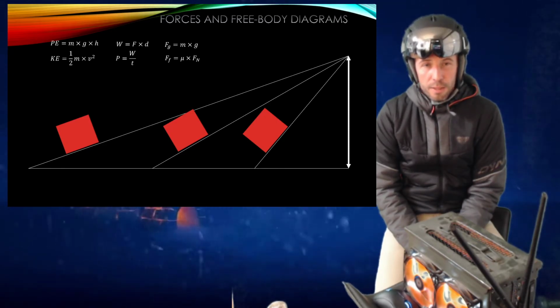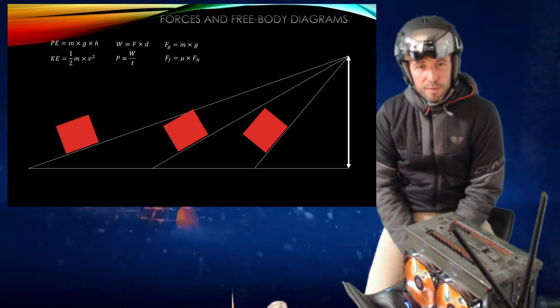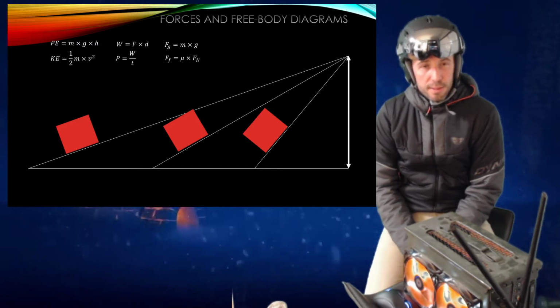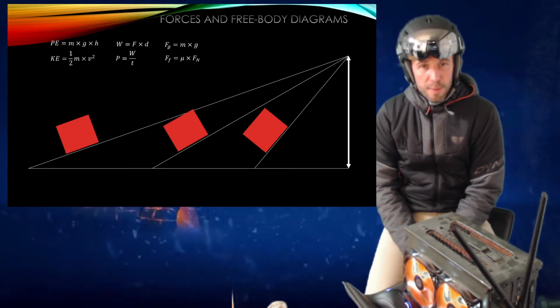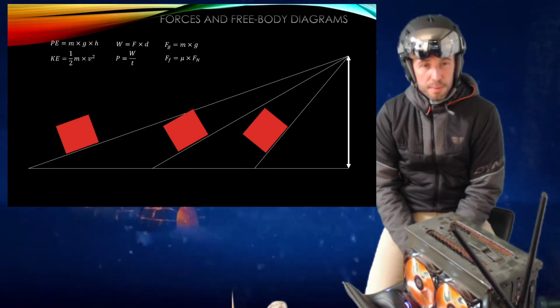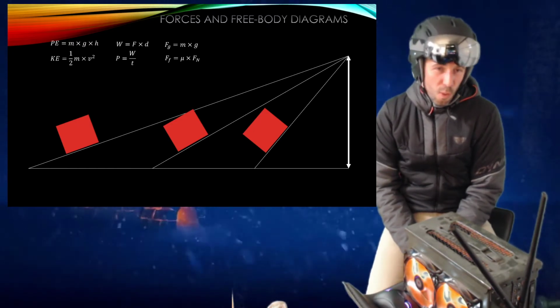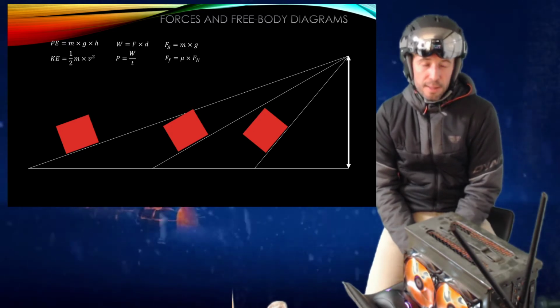And I think we can all agree that it would be the steepest one that ends up the fastest. But here's a weird question. What if there isn't friction and there isn't air resistance? In this case, they all started with the same amount of potential energy at the top. Who gets more kinetic energy by the time they get to the bottom?